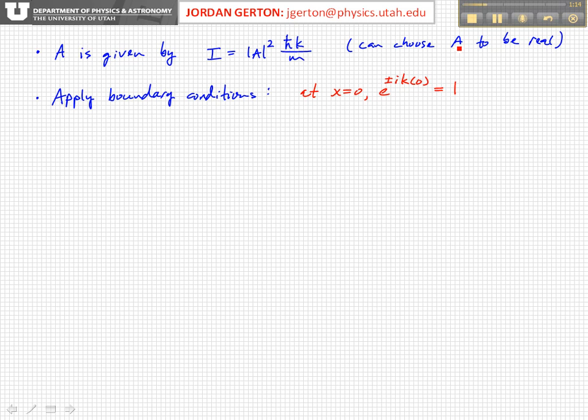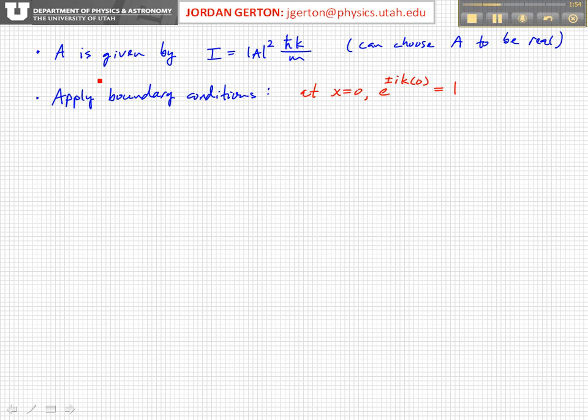But once we choose that phase, by making A real, we no longer have the freedom to choose any more phases. So the constants B, C, and any other phases which come into the solution of the Schrodinger equation, that is for the wave functions, we're no longer free to choose. We can only choose the phase of one.